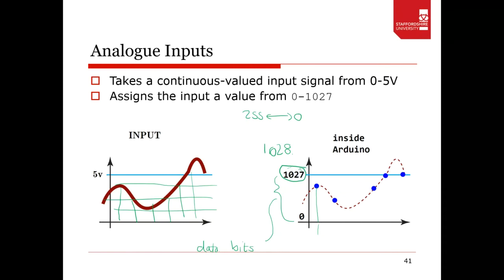Or shouldn't it be 2 to the power? Ten to the power of 2 equals 1024, but it should be 2 to the power of something, not 10 to the power of something.